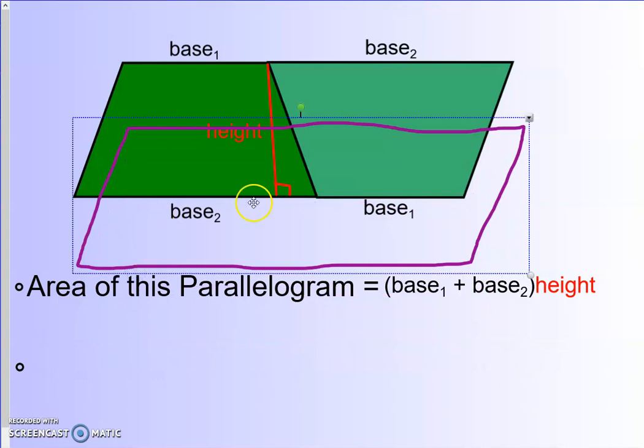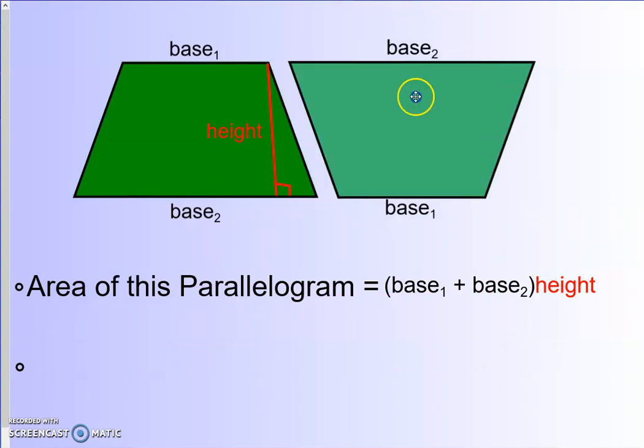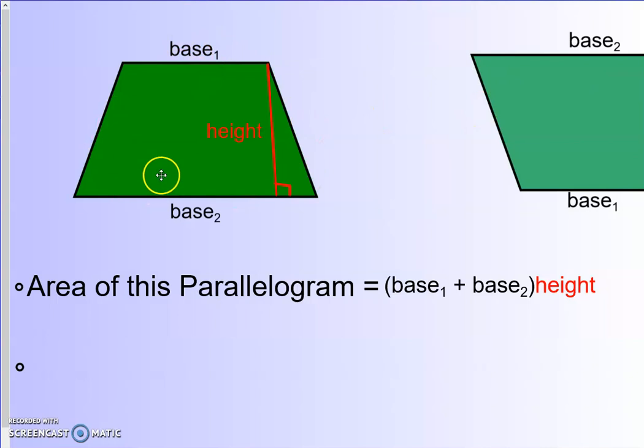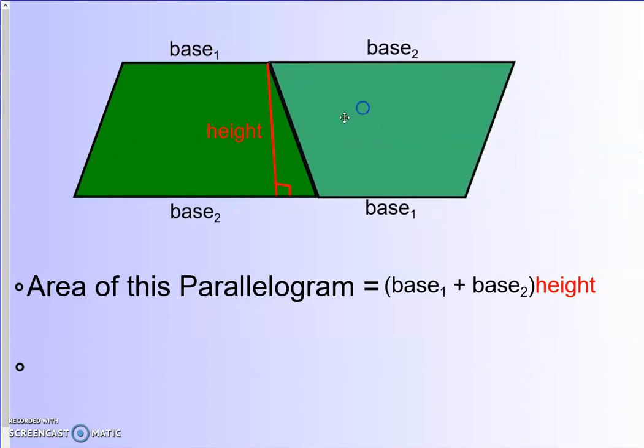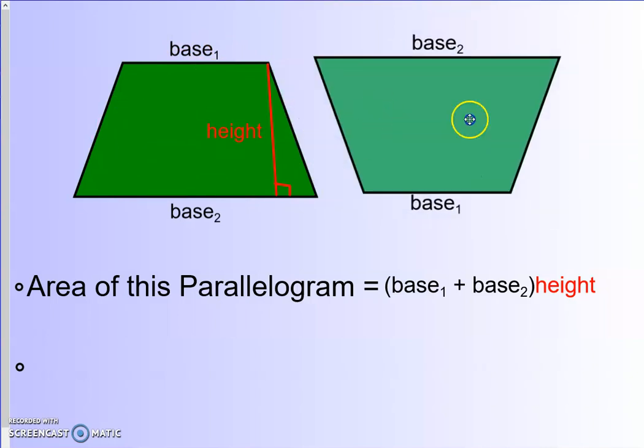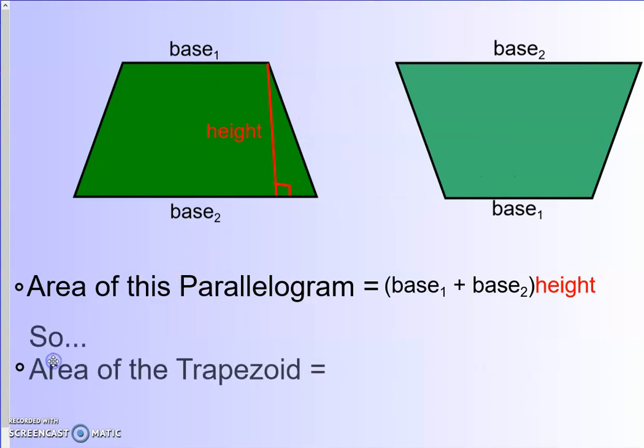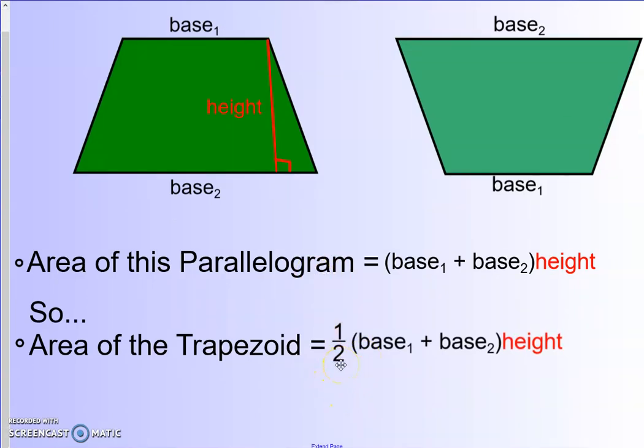But I don't want the purple parallelogram. I just want the trapezoid. Well, what's the relationship between just one trapezoid and the entire parallelogram? Well, the trapezoid is half the parallelogram. So right here, this is the formula for the area of a trapezoid.